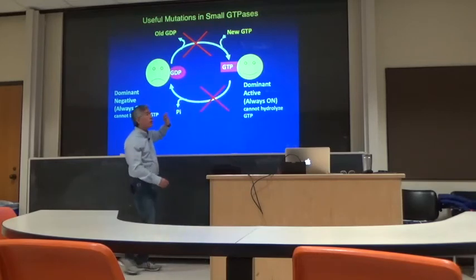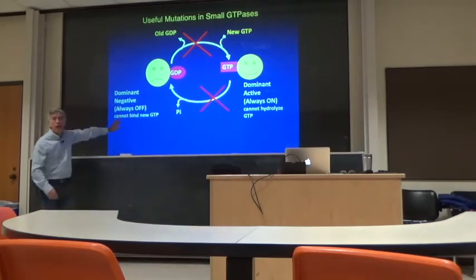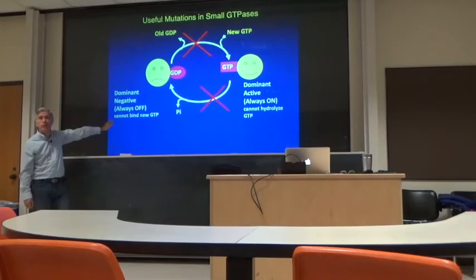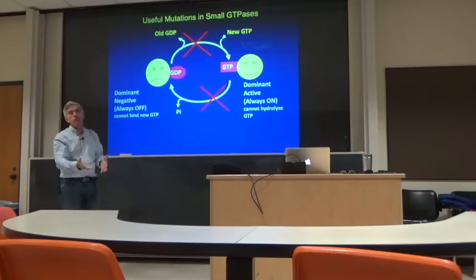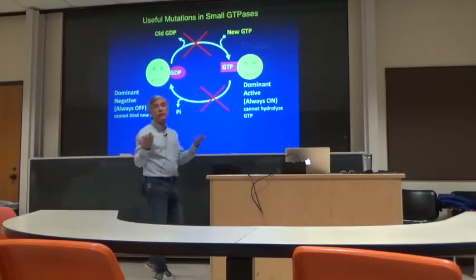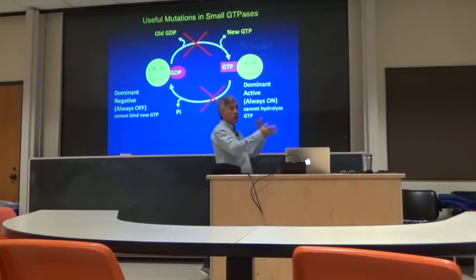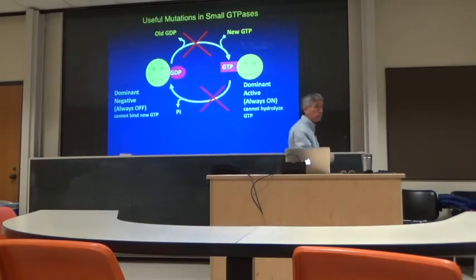So we could call those dominant negative mutations of RAN. If this happens in the chromosomal copy of this gene, that cell is not going to survive long because nuclear transport is going to be essential for the cell.